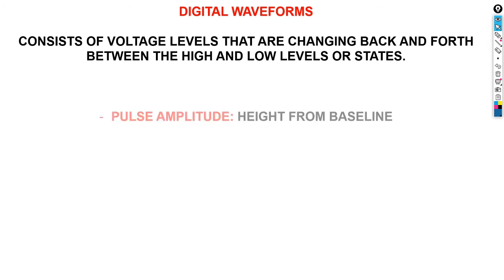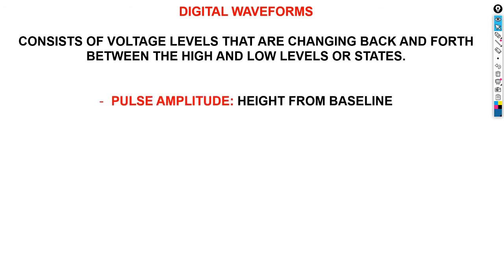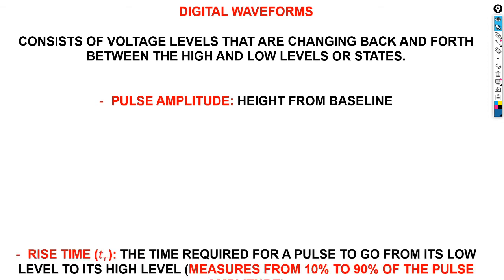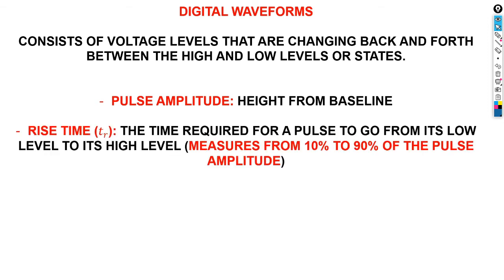And therefore, from our digital waveform that we had a look at, we realized that we have a pulse amplitude, which is the height from the baseline, okay? And then you have your rise time. The rise time is the time required for a pulse to go from its low level to its higher level, measured from 10% to 90% of the pulse amplitude.